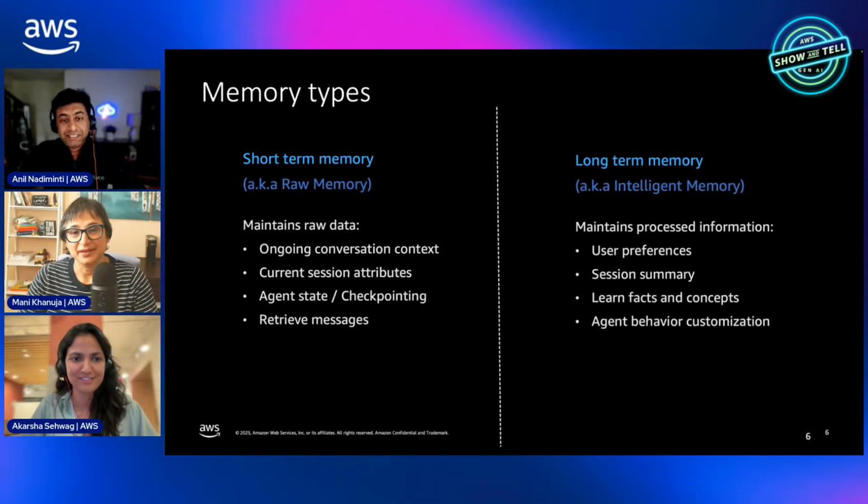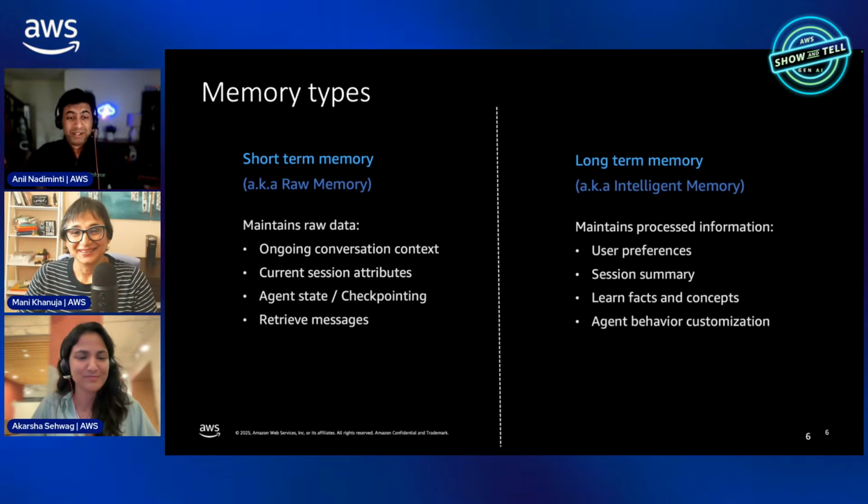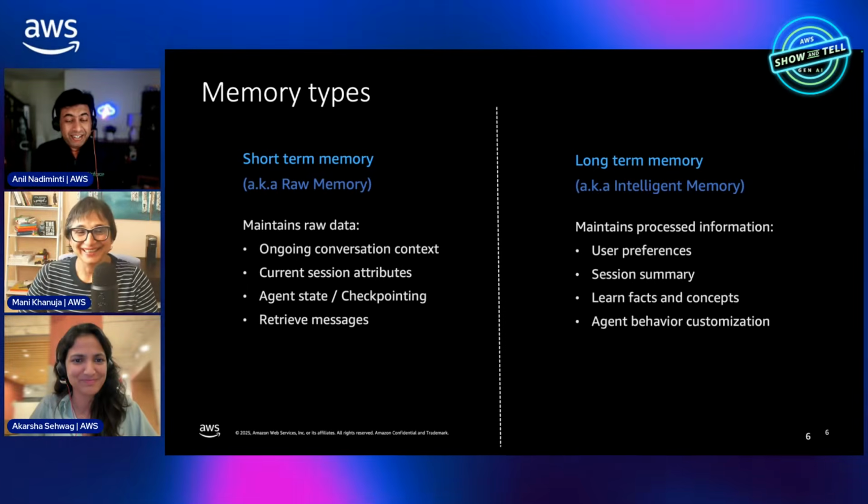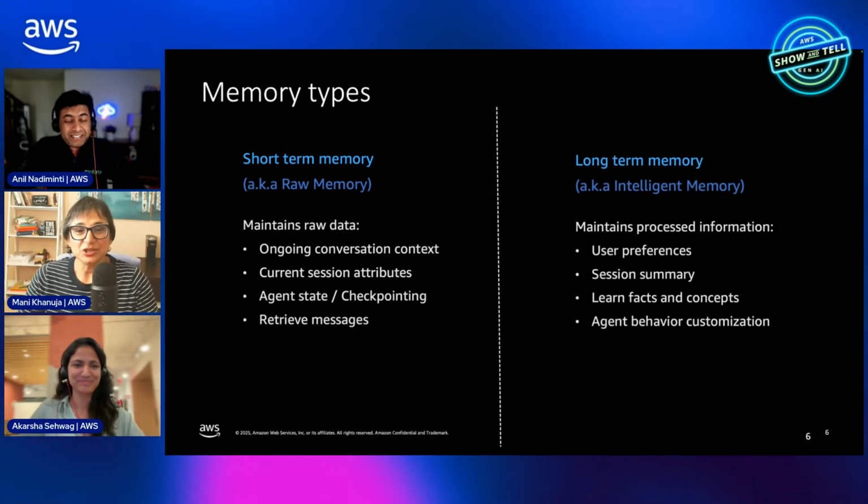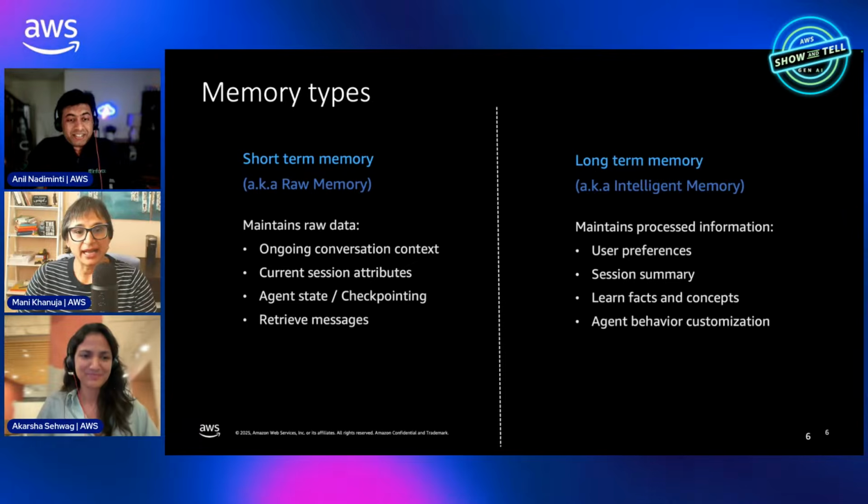All right, let's dive into short-term memory and long-term memory. Can you break this down for us? What is this? Yeah, absolutely. Short-term memory, think of it as raw memory.